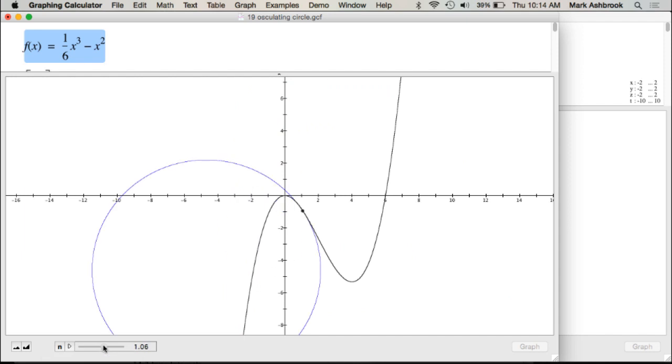So out here where this curve is relatively flat, the osculating circle is really big because you're going to have a circle that has low curvature. But when the curve has high curvature, like tight turning, your osculating circle is going to be very small because small circles have high curvature.